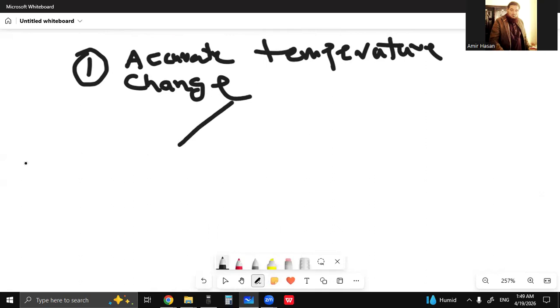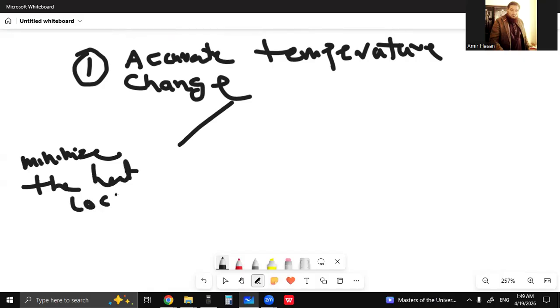We minimize the heat loss and gain. When a lot of heat loss or heat gain forms, we cannot measure the accurate temperature.